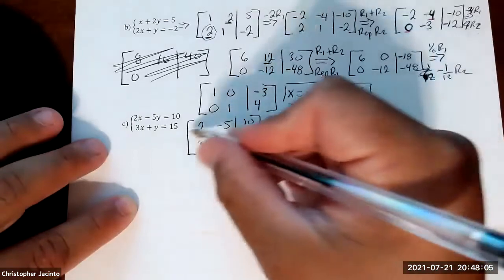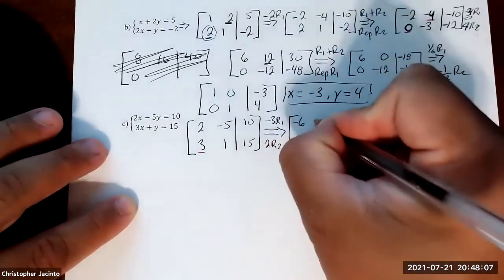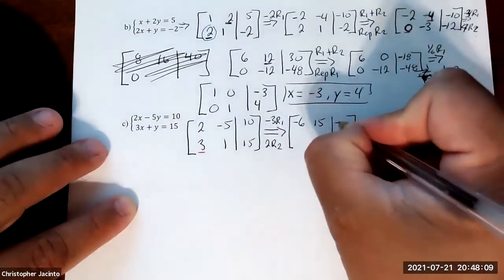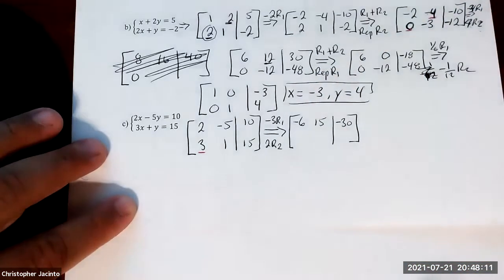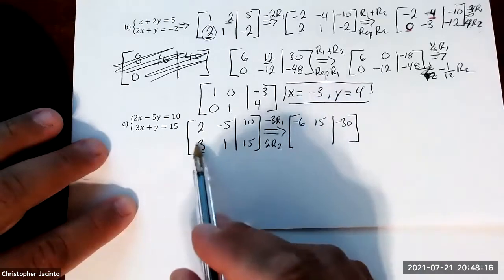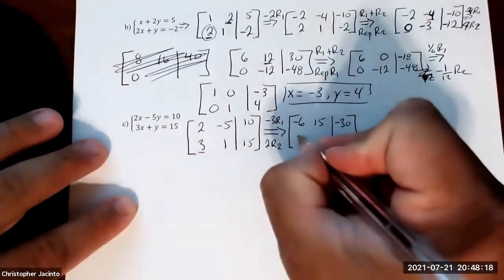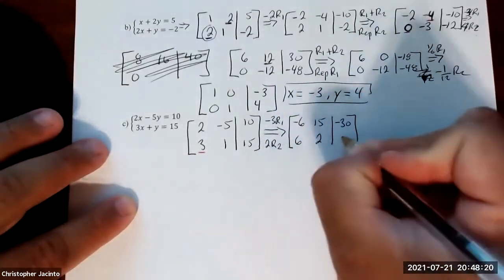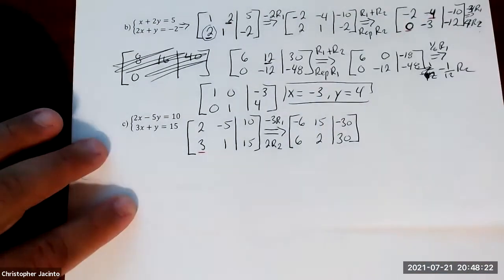So multiply this by -3 gives you -6, +15, and -30. Multiply the bottom by 2 gives you 6, 2, and 30.